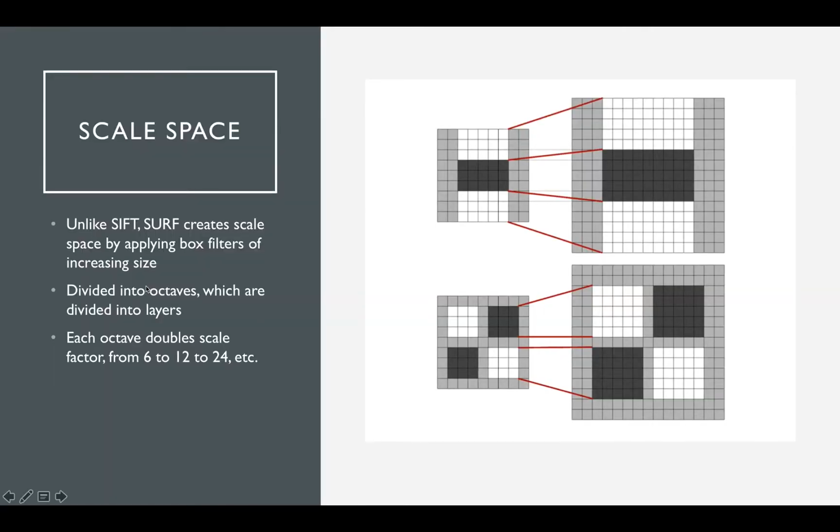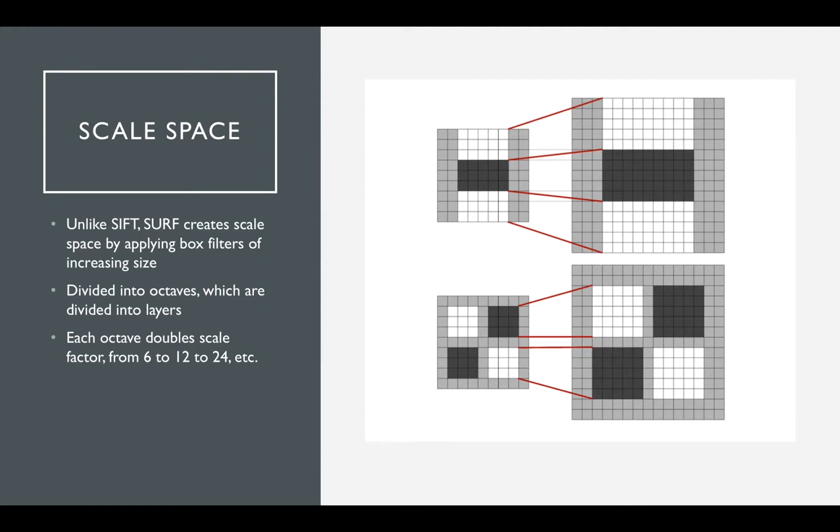So once we have our first Hessian layer, we'll then apply it across the scale space. Now, in SIFT, we created the scale space by effectively shrinking our image using Gaussians and then taking the difference of Gaussians across each of those new images. However, unlike SIFT, SURF creates its scale space by applying box filters of increasing size.